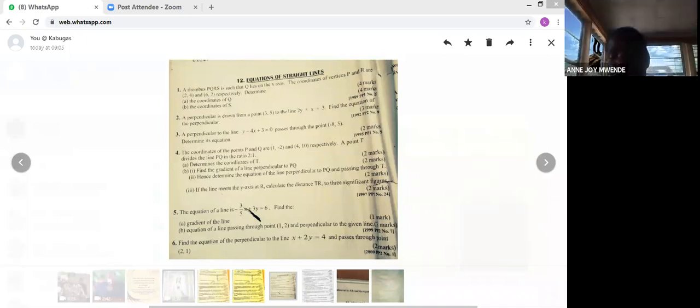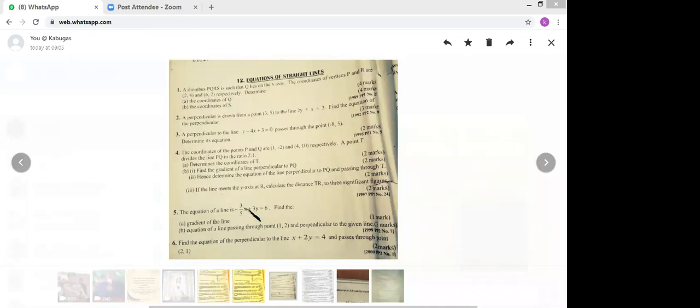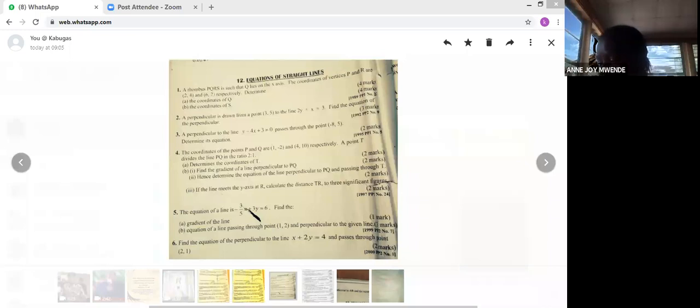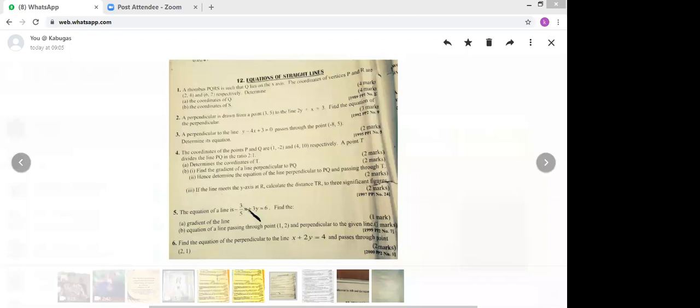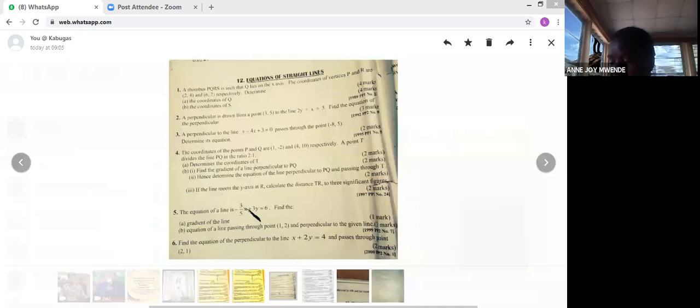What are you supposed to do? You get the coordinate of R. How do you get the coordinate of R? You know that it meets the y-axis when x is equal to 0. So using the equation x plus 4y is equal to 27, x is 0, so you have 27 over 4 as the coordinate of y.